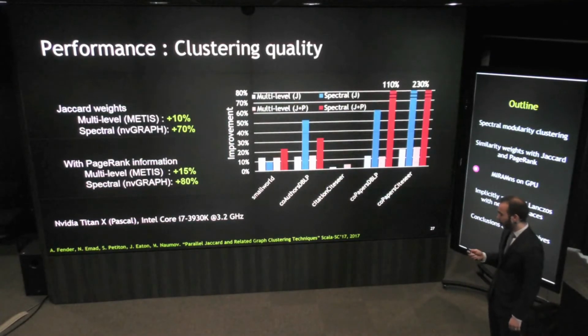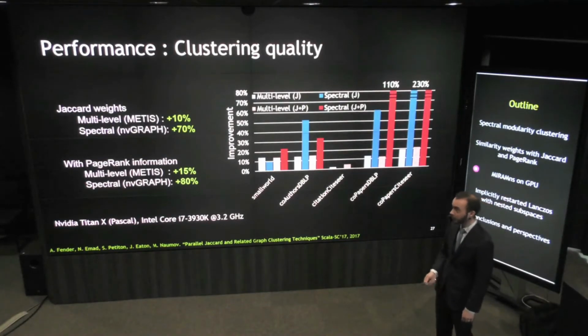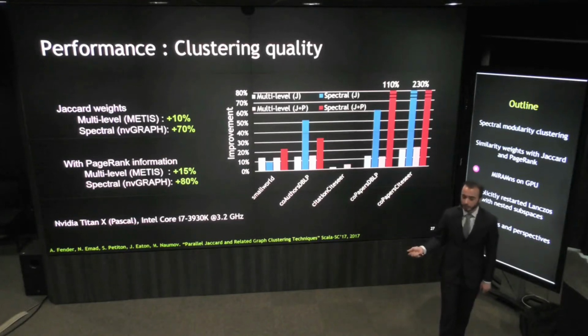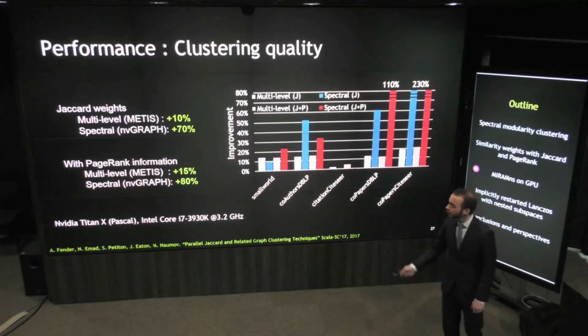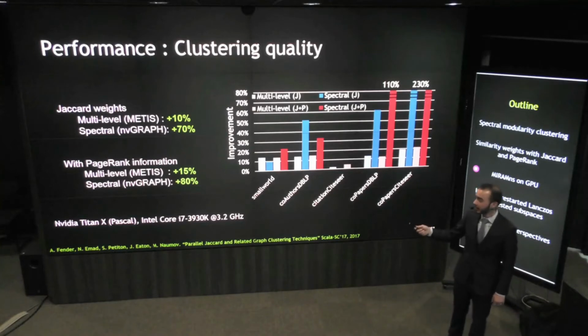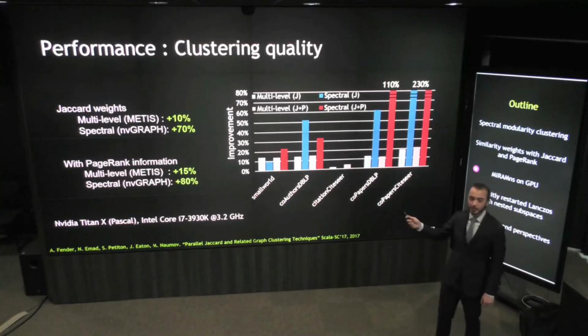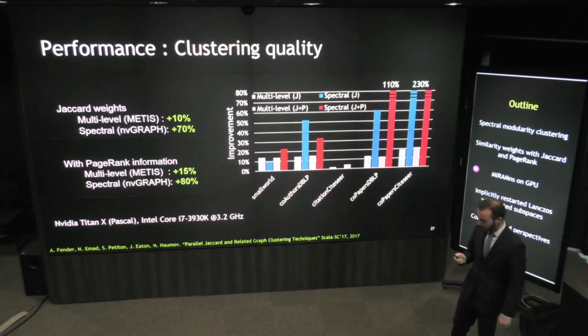In nvGRAPH, which is the library in which the spectral clustering was implemented, we have up to 80% improvement on spectral modularity. We were also curious about how this would work in an existing state-of-the-art partitioner, so we also tried to feed the METIS partitioning software with the Jaccard weight. And we actually found 10 to 15% improvement.